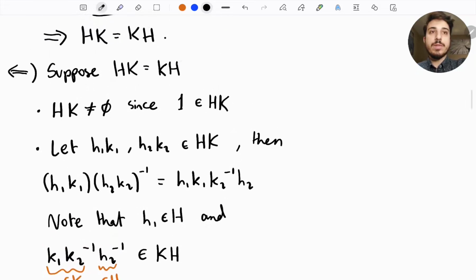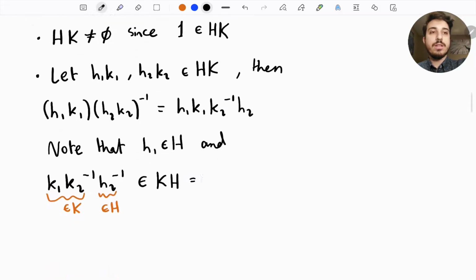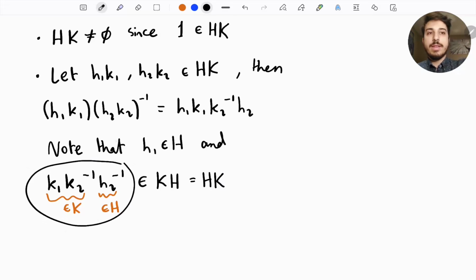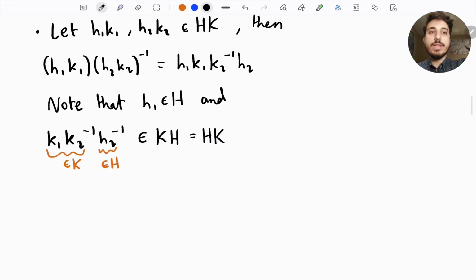So all of this is in KH. But we've supposed that KH is equal to HK. So this element is in HK, and this element is in H, so combining them together, h1 k1 k2 inverse h2 inverse. Can you see this? This is in H and this is in HK.